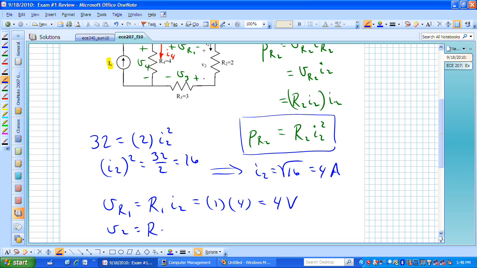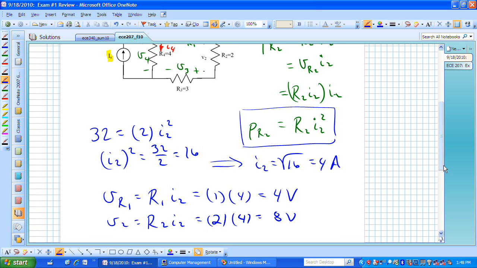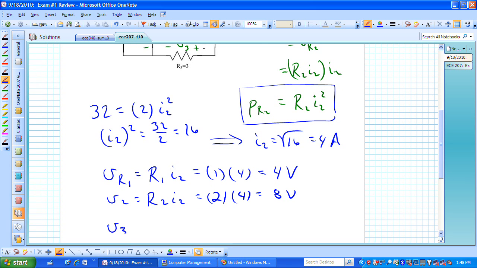That's the drop across R sub 2. That resistor is 2, the current is 4, and we have 8 volts dropped across V sub 2. Finally, V sub 3 is the same current times R sub 3. R sub 3 is 3, the current is 4, so we have 12 volts.